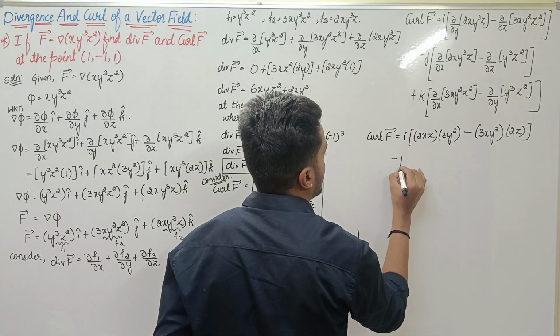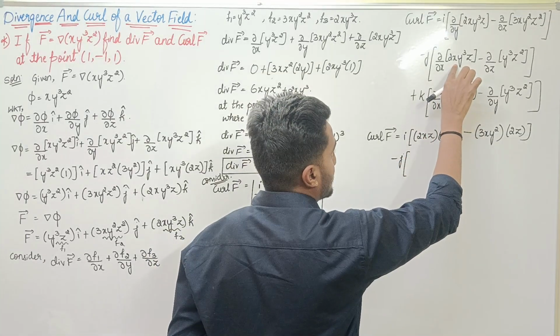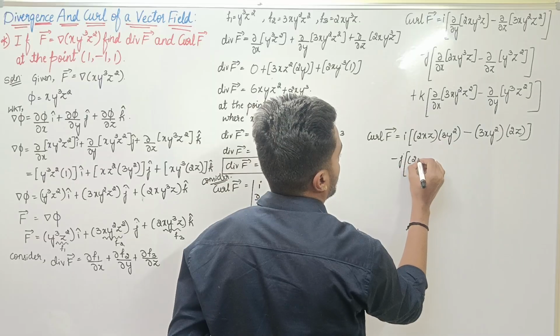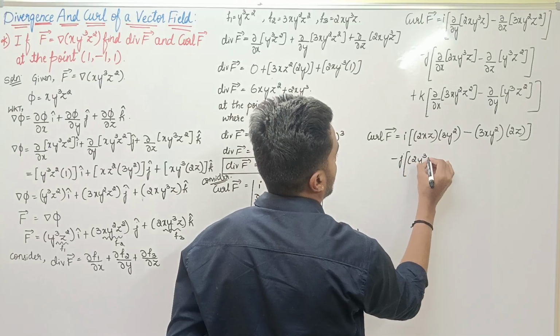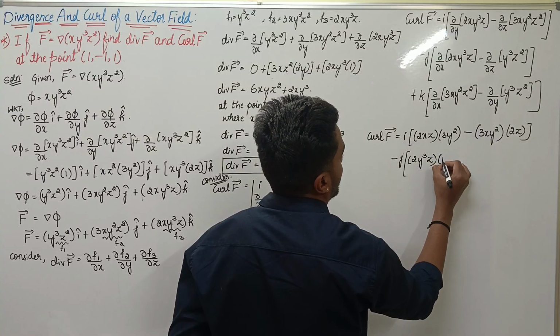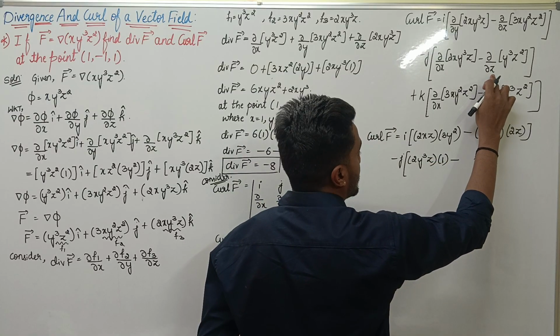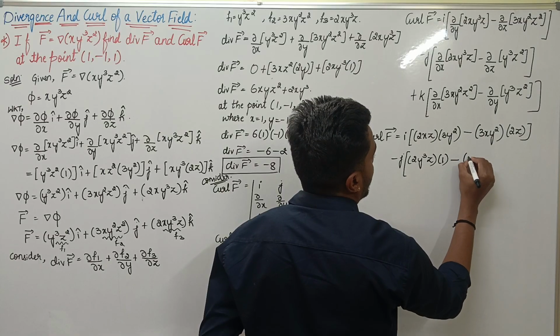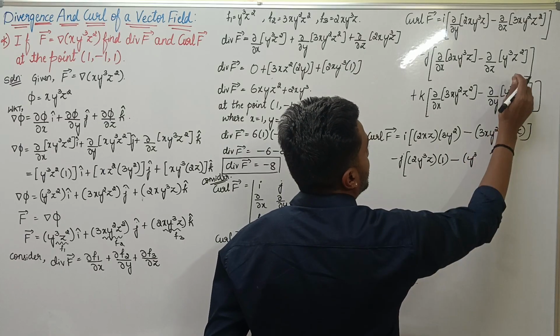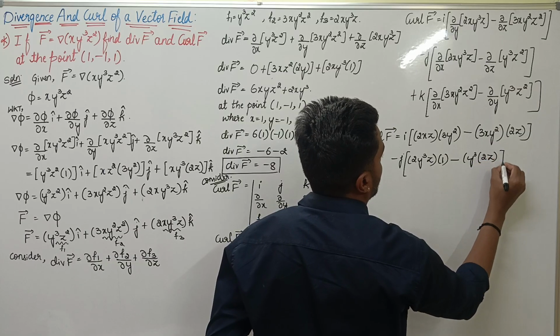Next, minus j into, since I have x, 2y³z remains constant, differentiation of x with respect to x is 1, minus, now differentiating with respect to z, y³ remains constant, differentiation of z² is 2z.